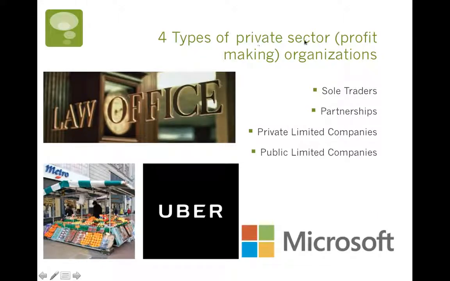When we're talking about the private sector, so owned by individuals, not the government, we have 4 types of profit-making organisations: sole traders, partnerships, private limited companies and public limited companies. So if we start with the sole trader, this over here, our market stall, is a classic example of a sole trader.